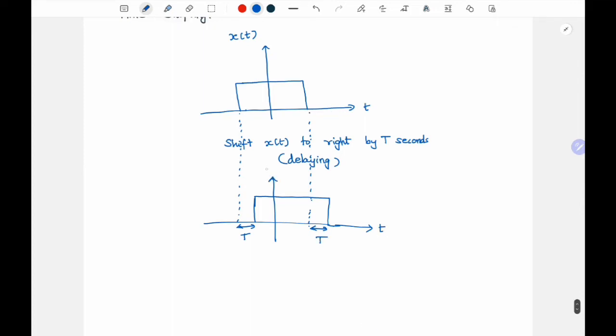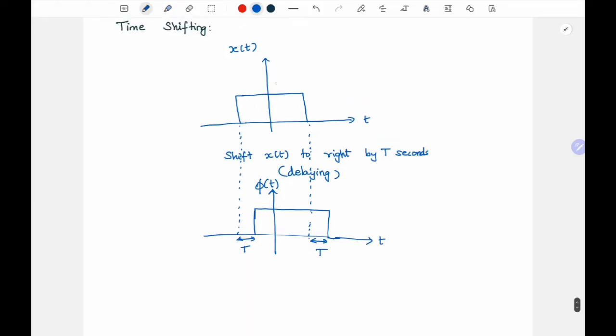Let me call this the second signal, some phi of t. And if you see, the amplitude will remain the same. Let's say I take 1 here. So the amplitude remains the same, only the signal has shifted in time. Hence it is called time shifting.